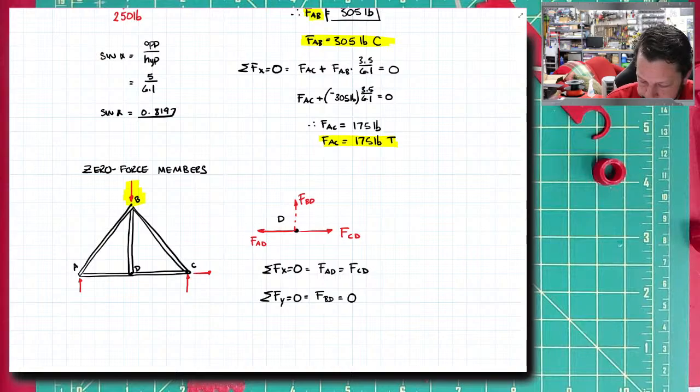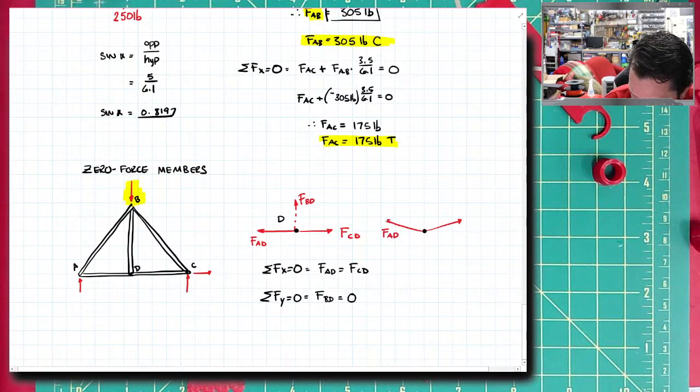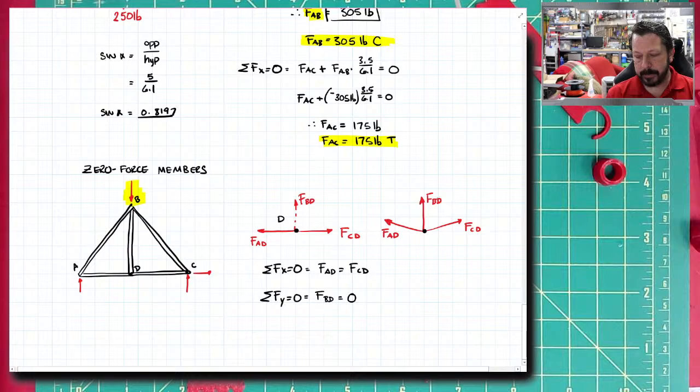Now, as soon as AD and CD are not parallel to each other, or not collinear with each other, maybe the truss deforms a little bit, and I've got something like this. It may not be much, but there is something for BD to do. It does have other forces in the y direction.